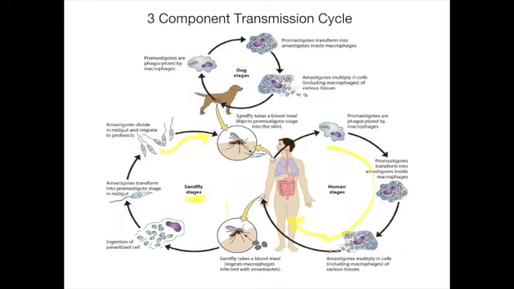So anyway, there's lots of dogs, and if you have a bunch of people in a village that have leishmaniasis, the sandflies are going to feed on the dogs as well as feeding on the humans. And very much the same thing happens in the dog as happens in the humans.